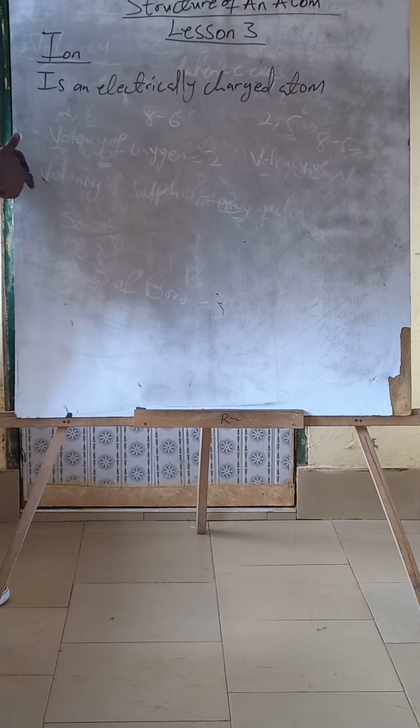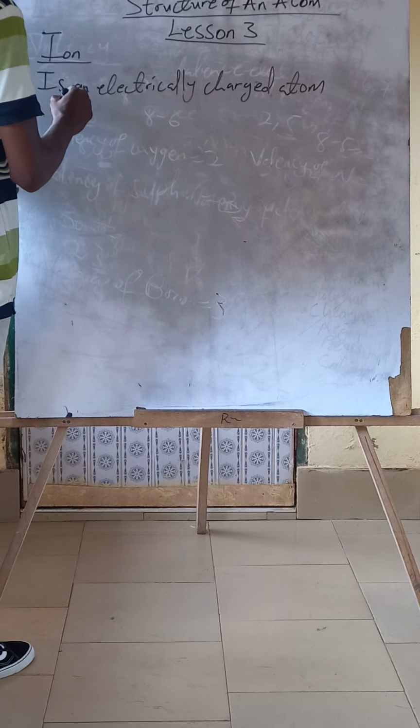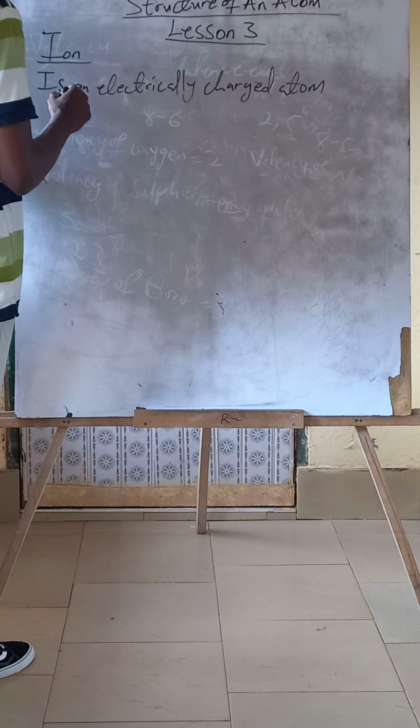So let's see how you will know whether the atom will lose electron in order to become an ion, or whether the atom will gain electron in order to become an ion. It's all about the valency, or the valence electron.